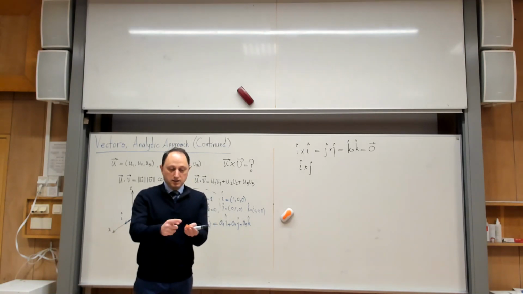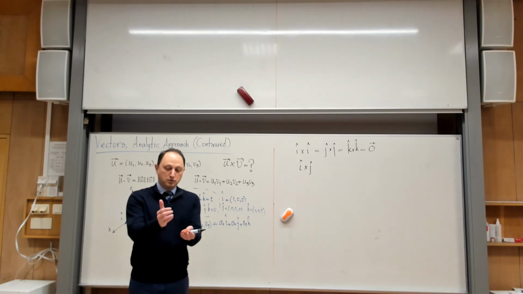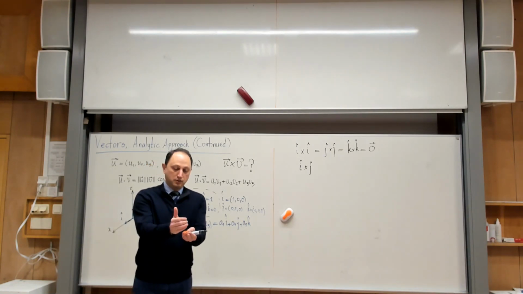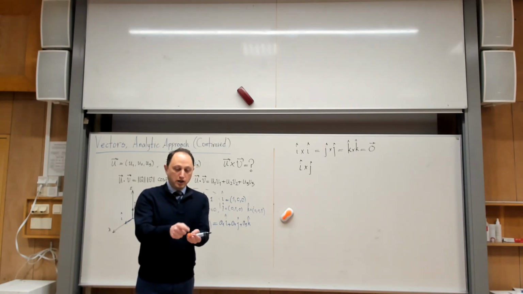In which direction should it be? I need to bend my right hand fingers in a way that turns i to j, and then my thumb will point in that direction. So i cross j is perpendicular to my hand, and it is pointing upward.